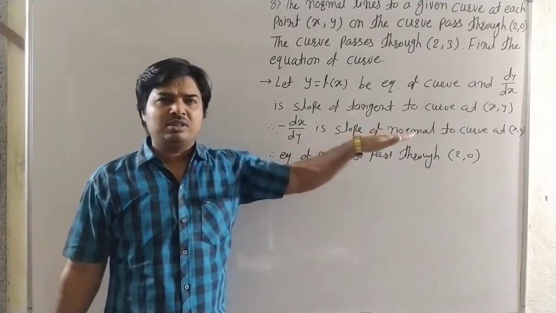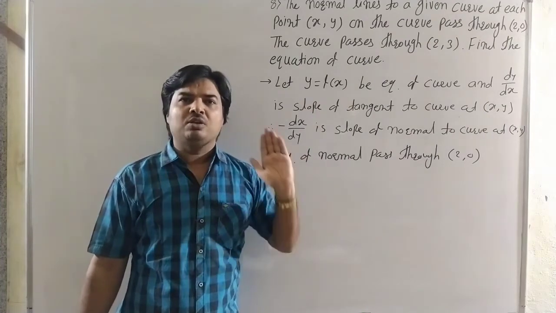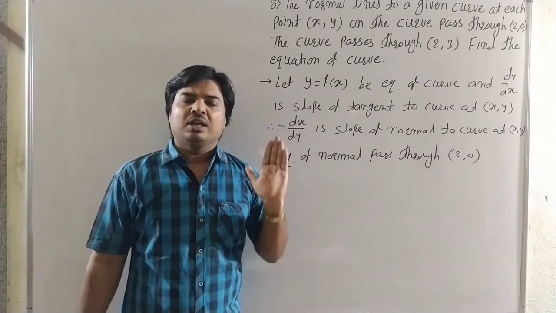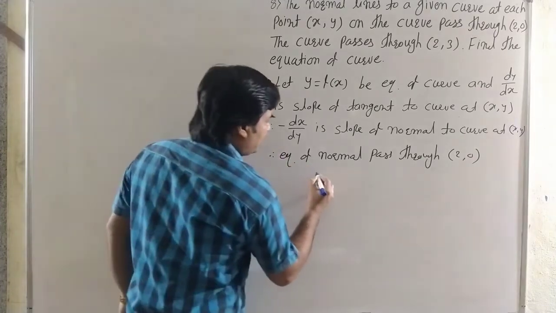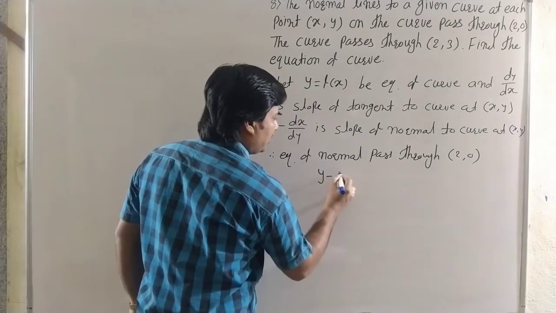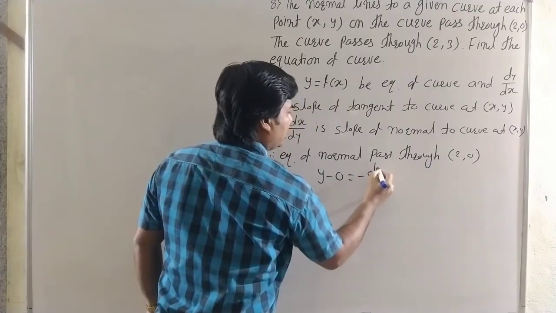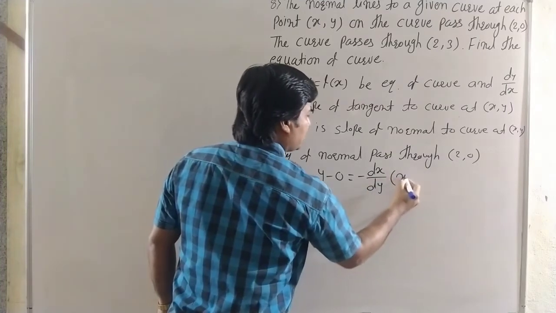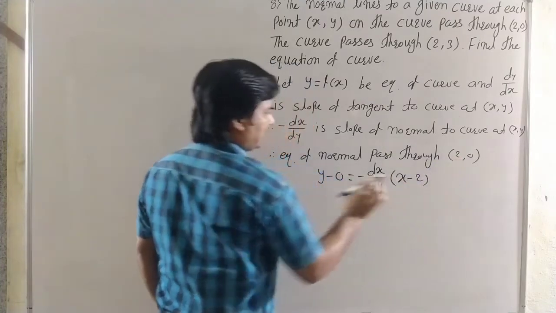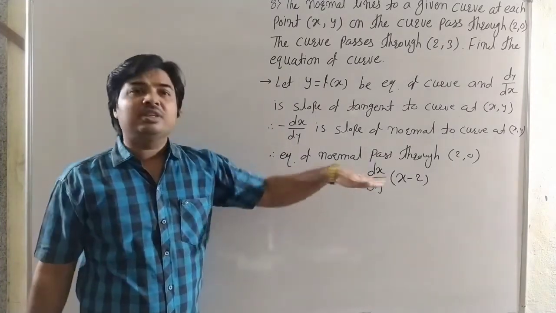The normal is a straight line, and the equation of a line in point slope form is y minus y1 is equal to slope into x minus x1. Therefore y minus 0 is equal to minus dx by dy into x minus 2. Now it is the equation of the normal, and here it is a differential equation.